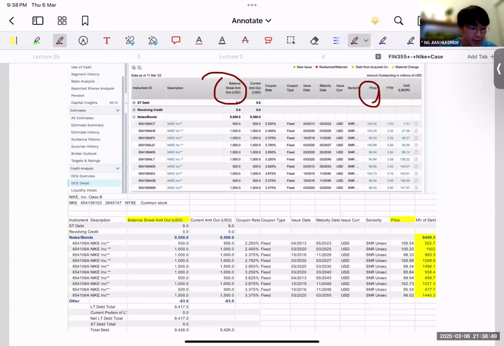Okay, in this sense, we have all our debt. We have calculated market value here, and then we take the summation of your market value.